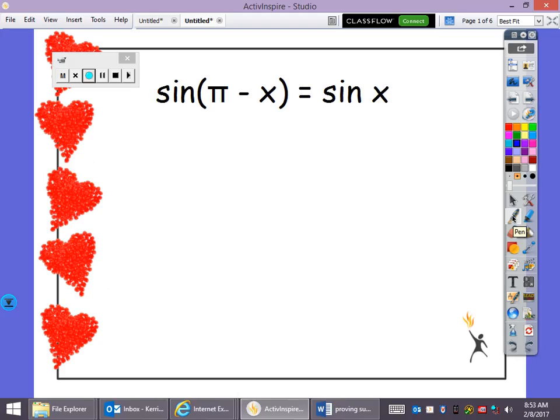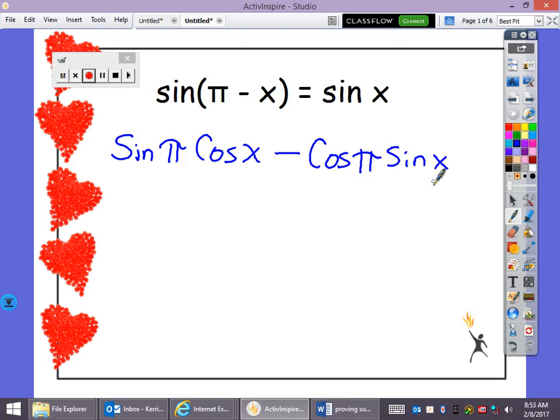What should I write on my paper? Sine pi cosine x minus cosine pi sine x. Okay? Pi is worth how many degrees? 180. Okay? 180 is exactly right there.